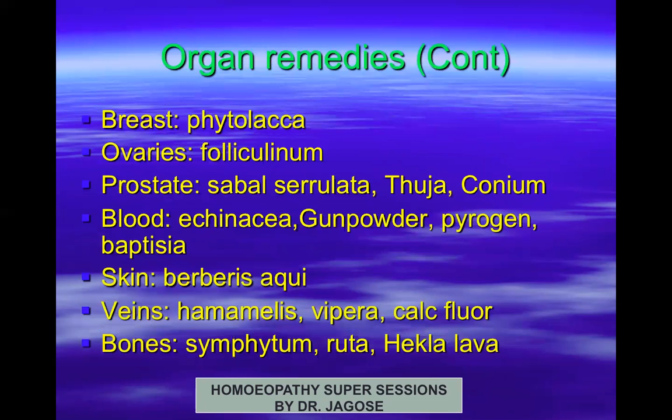Or for tumors of the breast, Phytolacca is useful. For ovaries, Folliculinum is useful, especially where there is PCOS. A few doses of Folliculinum could also help the case. In prostate troubles, Thuja, Conium, or Sabal serrulata can be used. For blood disorders, Echinacea, Gunpowder, Pyrogenium, and Bacillinum can be used.